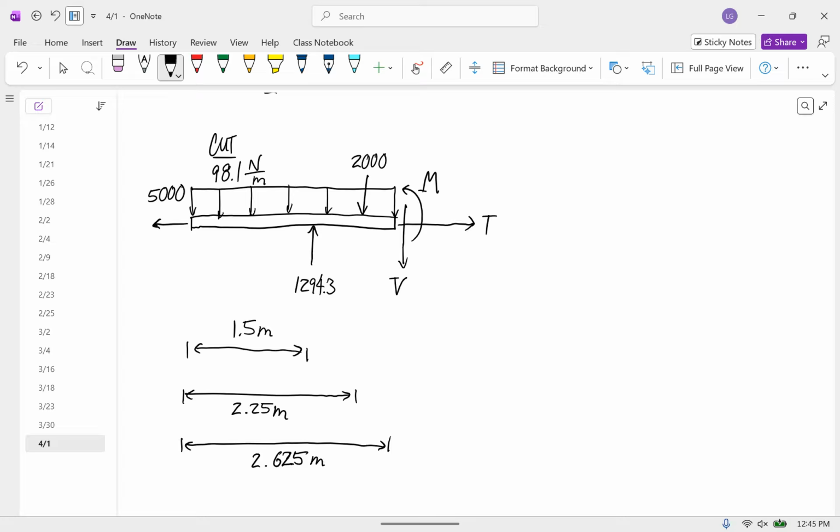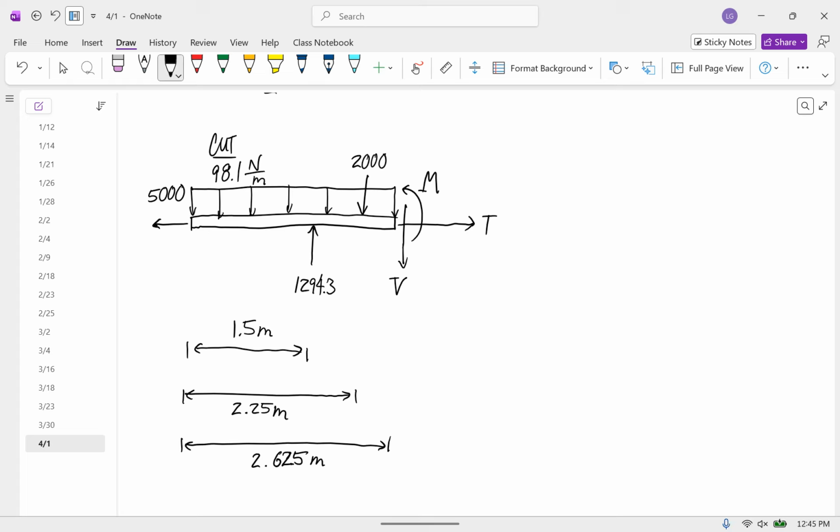Anyone have any disagreements about any of this? I just had a question about the weight. How did you put it down? I took the total weight of the beam and divided by the length of the beam. So the total weight was 294.3. The mass was 3. So 294.3 divided by 3 gives you 98.1.